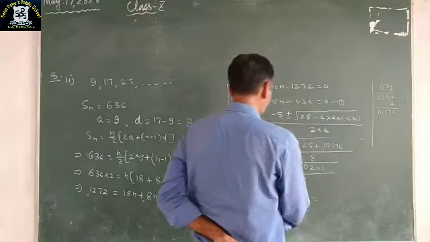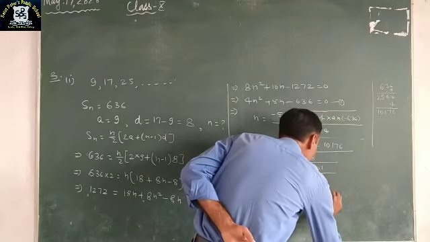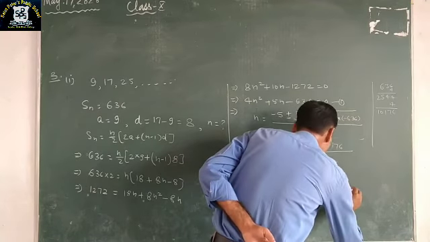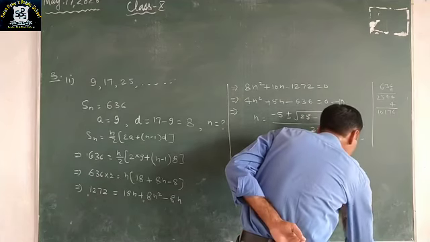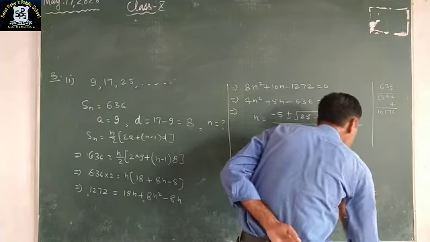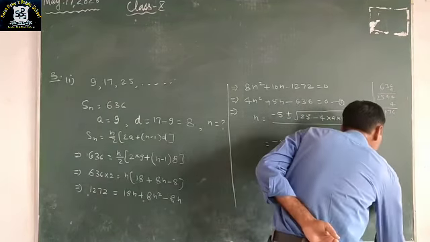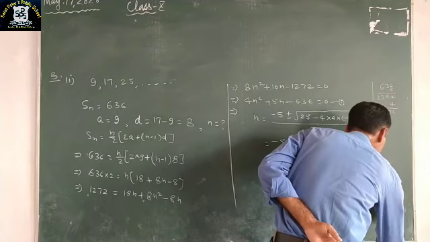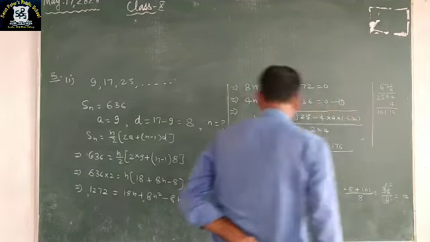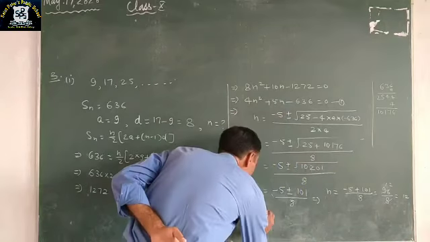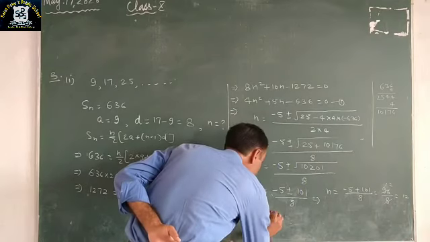Using the plus sign, n is equal to minus 5 plus 101 divided by 8, and it's 96 divided by 8, and it will be 12.